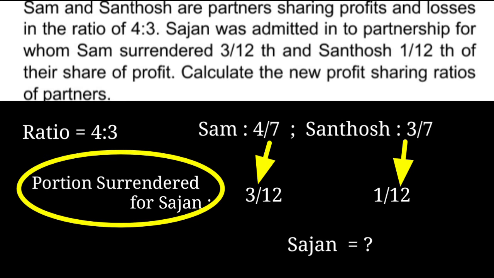So here Sam's old share is 4/7. From 4/7, he surrenders 3/12 part for Sajan. And Santosh's old share is 3/7. From 3/7, he surrenders 1/12 portion for Sajan.